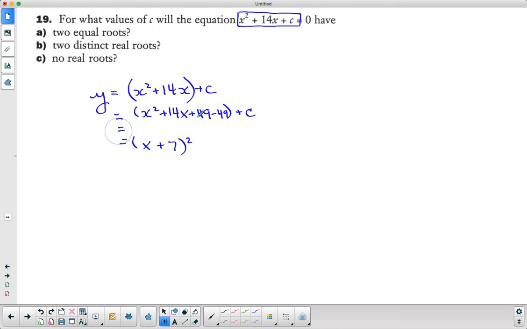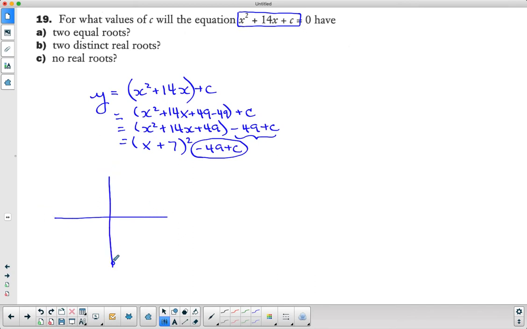And now I have to take this out of the brackets. So we go x squared plus 14x plus 49, and then out of the brackets, it's minus 49 plus c. Now, these 2 things can't go together. It's just minus 49 plus c. And this is the term that I have to know whether it's going to move the parabola up, down, or leave it on the x-intercept.